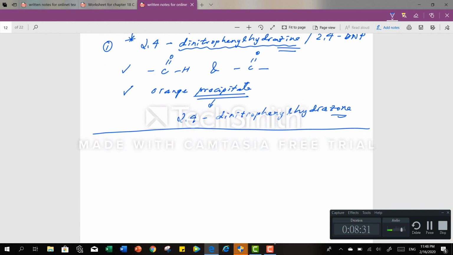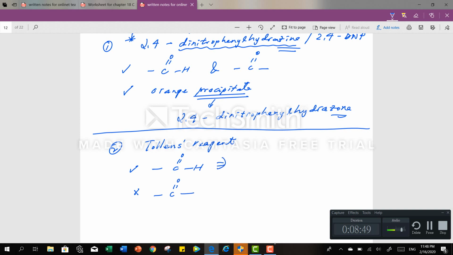But if you want to distinguish between aldehyde and ketone, you have 2 other reagents you need to know. First one is Tollens' reagent. I will tell you what it is later. It's just used to test for aldehyde, with no reaction for ketone.